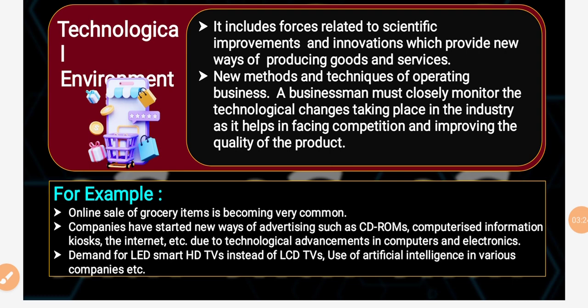We can take the example that earlier in businesses people used typewriters for typewriting, but nowadays businessmen are using computers, laptops or palmtops. This is an example of technological environment. Like online shopping, online booking of tickets, all these are part of technological environment.